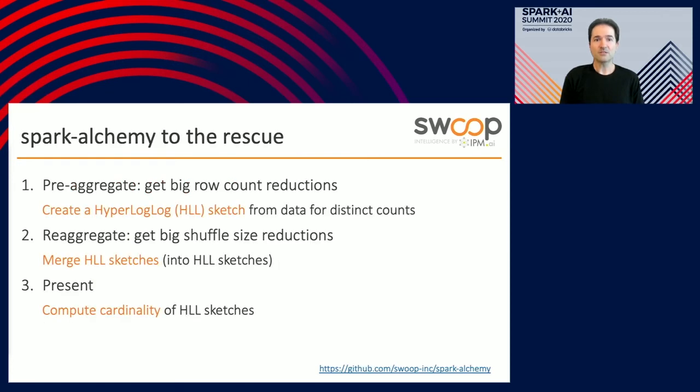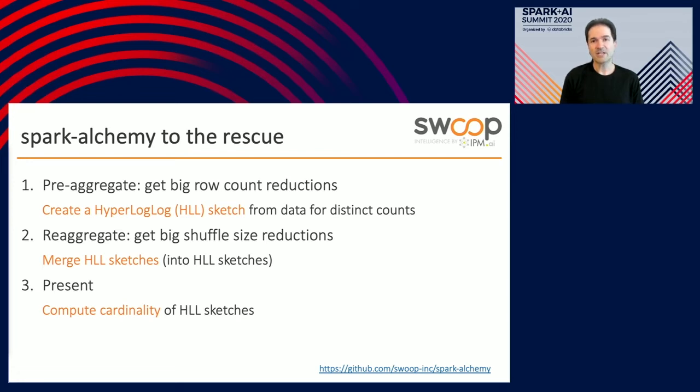So here's what we can do with spark-alchemy. During the pre-aggregation phase, we can process patient IDs and build HyperLogLog sketches from them. And these are going to be in a binary column and an opaque data structure. But the property of HyperLogLog sketches is they can be merged to create HyperLogLog sketches.